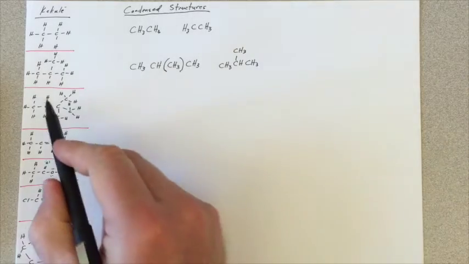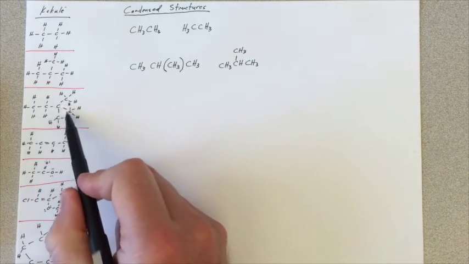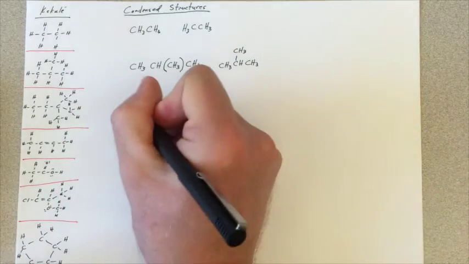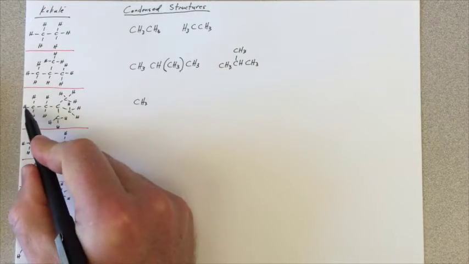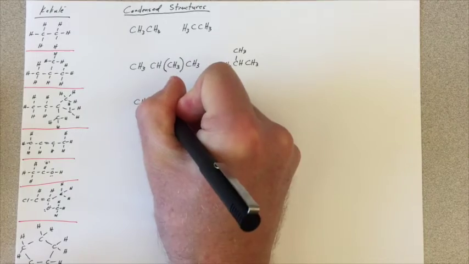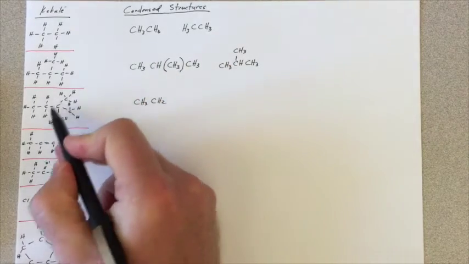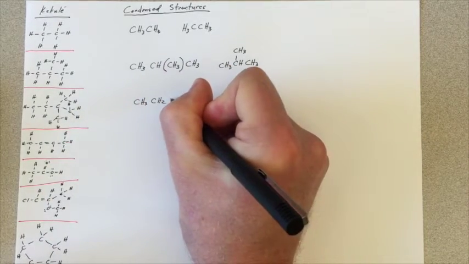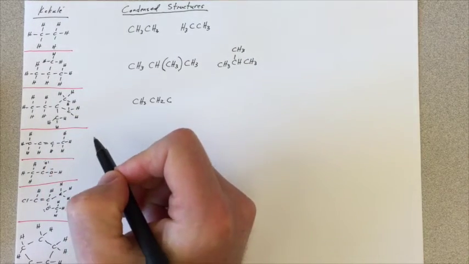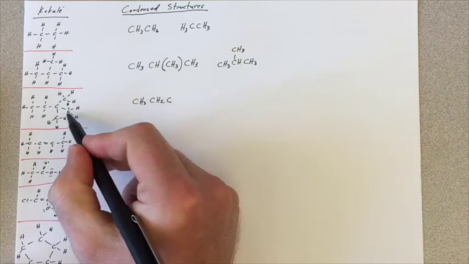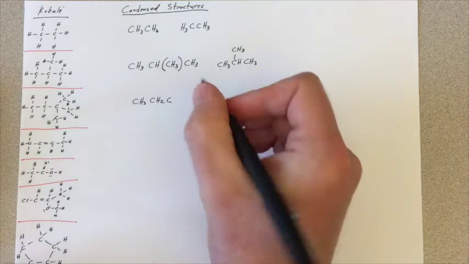Okay. Here's another one with more complicated branching right at the end here. We can say this molecule starts with a CH3 unit, then it goes to a CH2 unit, and then we've got just a C unit here. There's no hydrogens directly attached to that carbon, but we have 3 CH3 units attached to it.